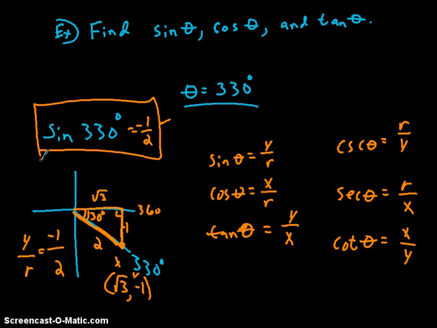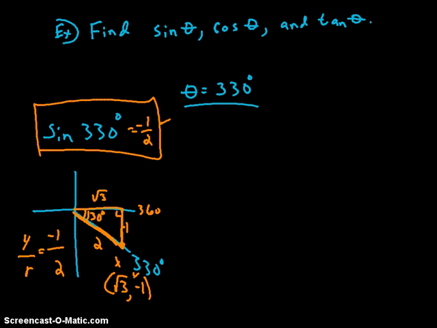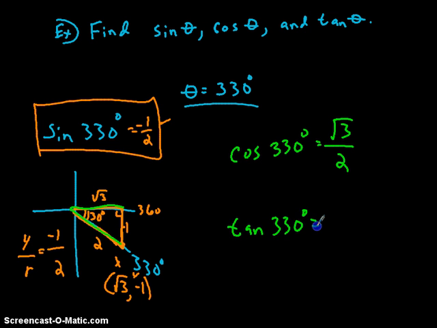We're going to find the other two. Using the same picture, the cosine of 330 will be adjacent over hypotenuse. So it would be the square root of 3 over 2. And the last one, tangent of 330, will be opposite over adjacent.